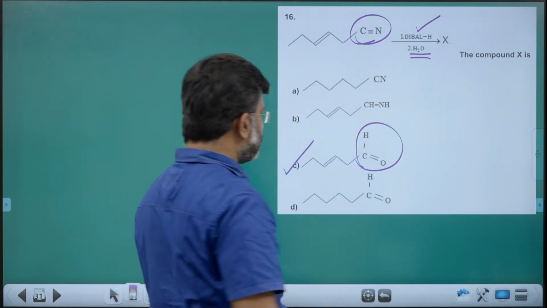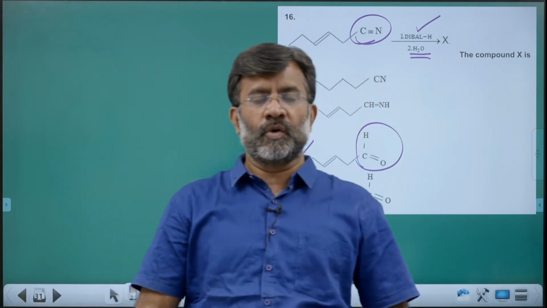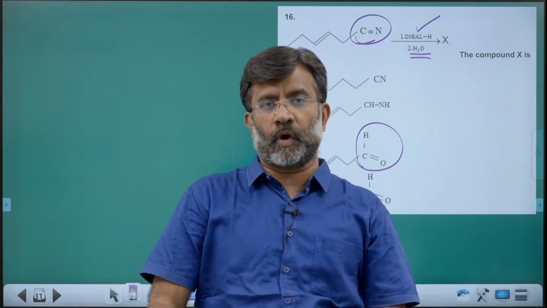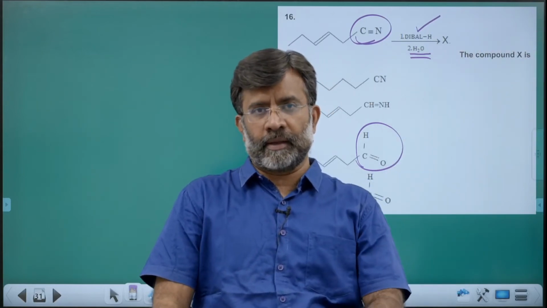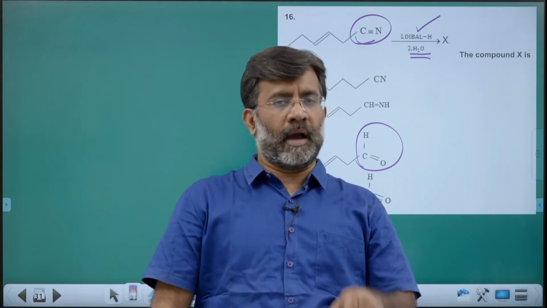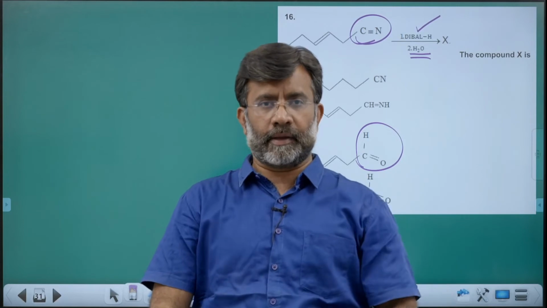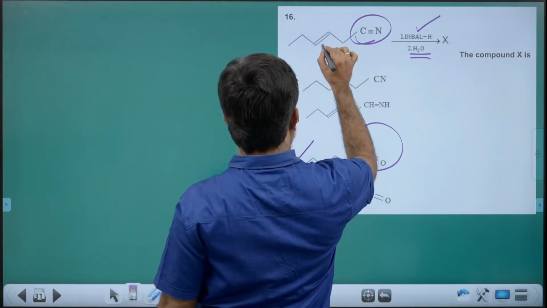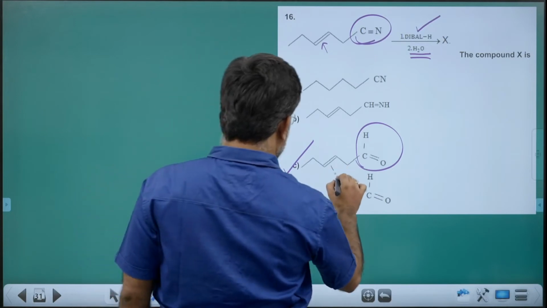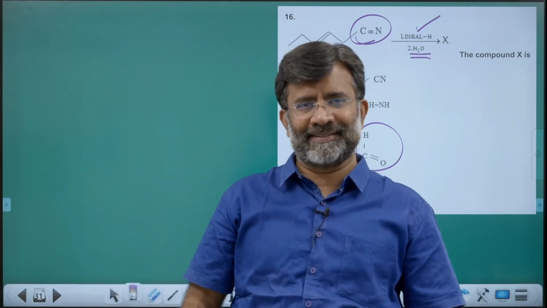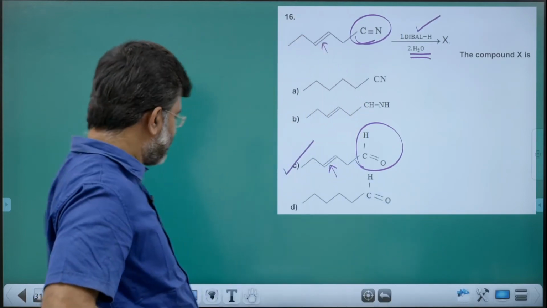Option C. And DIBAL-H will reduce nitrile to CHO, aldehyde. DIBAL-H will reduce nitriles first to imine. Upon hydrolysis, you get aldehyde. While the double bond remains unaffected, the unsaturation part remains unaffected. Okay, next.